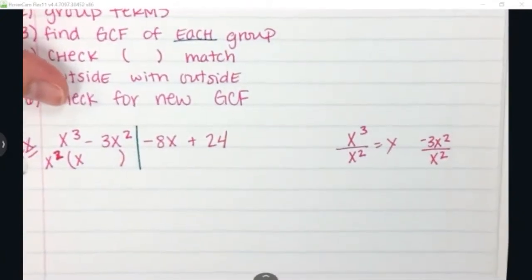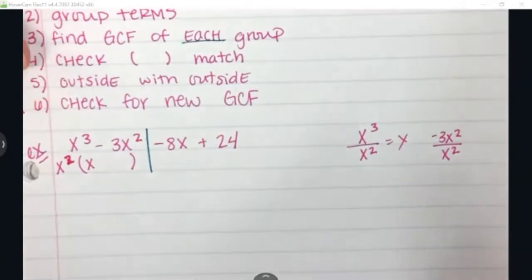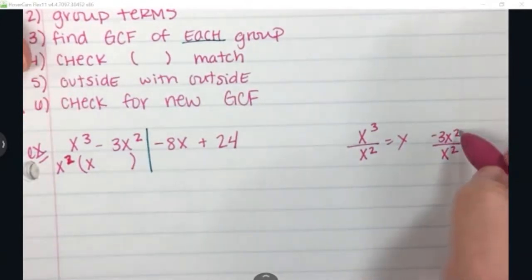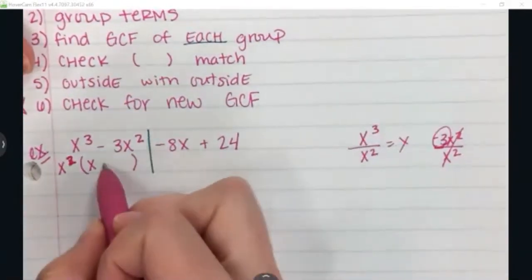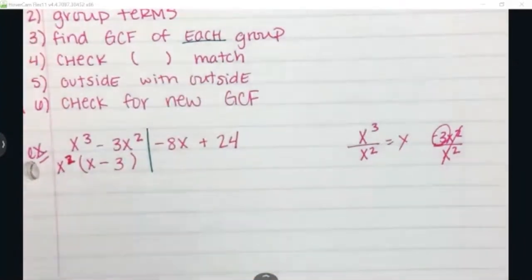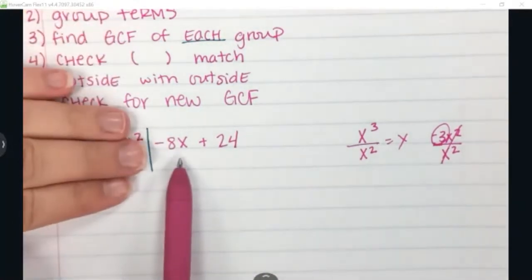What is negative 3x squared divided by x squared? Just the negative 3, so that's going to go next. Questions so far? All we did is find a GCF, and we're taking it out. Taking it out means we're dividing by it, okay? Let's go to the second side.